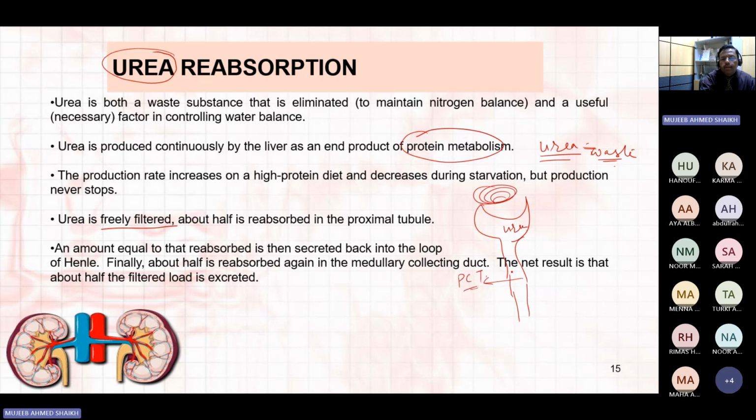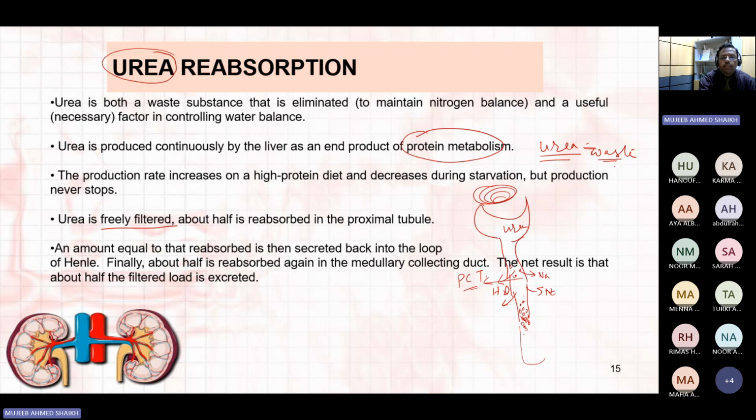If you remember, sodium is reabsorbed, water is also reabsorbed. So the urea concentration goes on increasing. Why? Because the fluid is lost, or water is reabsorbed. Urea is not reabsorbed here, so it will become concentrated as it goes down.